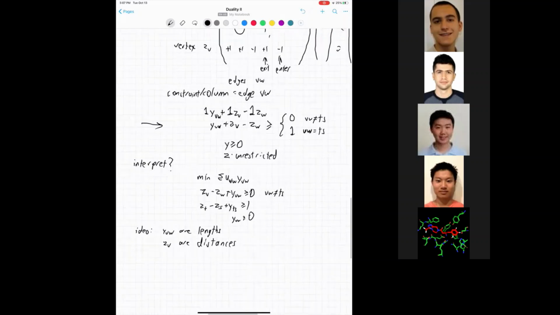Now let me also notice that without loss of generality, we can assume that YTS is equal to 0. Okay, because YTS is being multiplied by UTS.